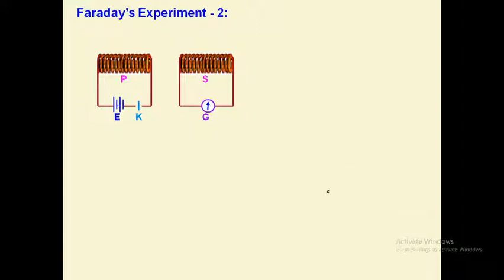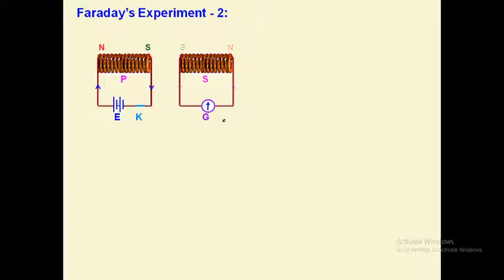But you can see in the second coil there is no cell. So we should not expect any current here. But there is a galvanometer which is there just to ensure that if there is a current, it will record. If there is no current, then fine. So let us see what will happen when we switch on.